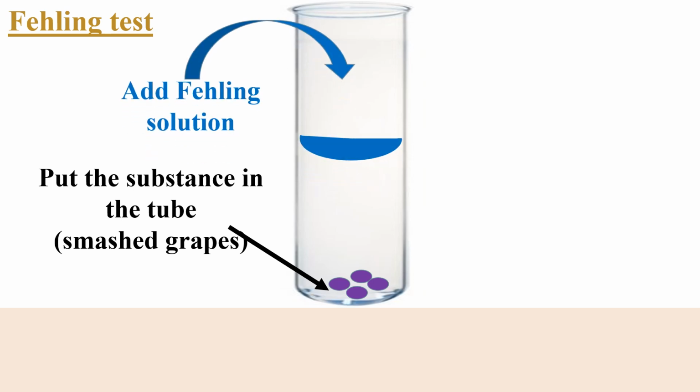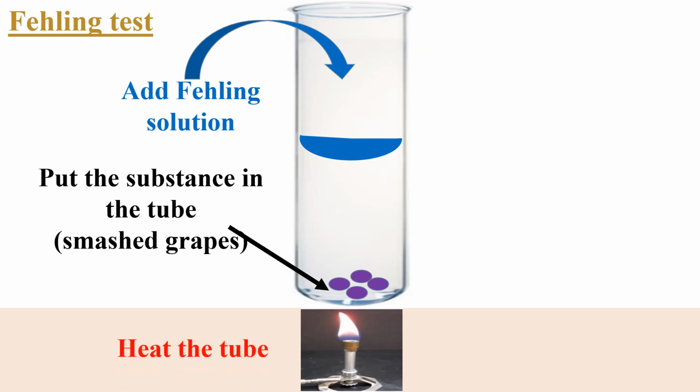Then I add Fehling solution, which I bring from the lab already prepared. The Fehling solution is blue. Then I heat the tube. So those are 3 steps: I put the substance in the tube, add Fehling solution, and heat the tube.